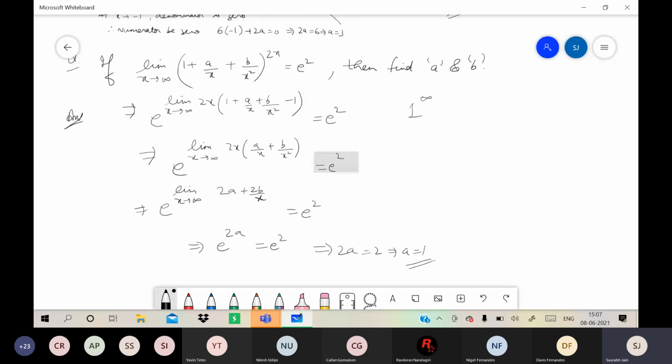I hope this is clear. 2b upon infinity will go to 0, so 2a will remain and then you compare both the sides, you get the value of a.